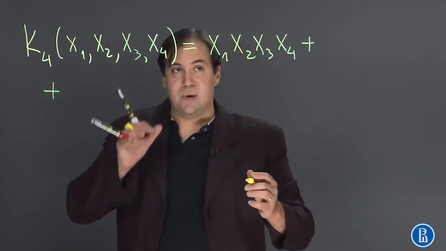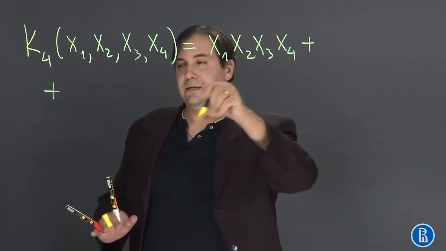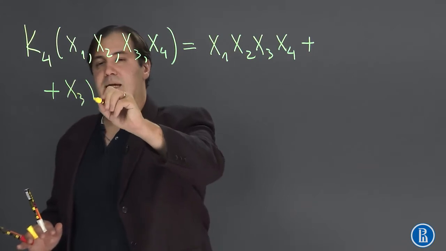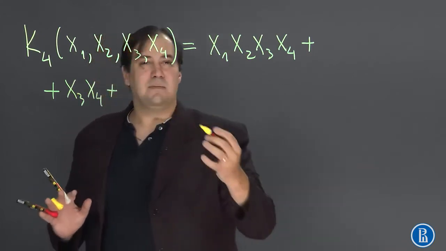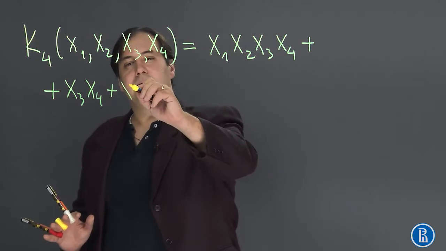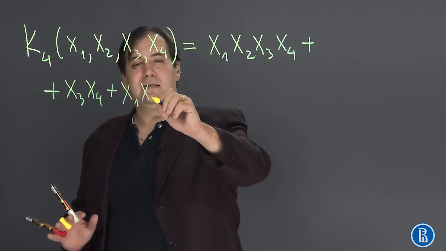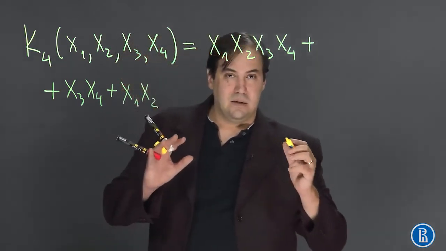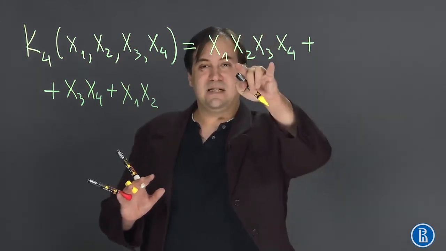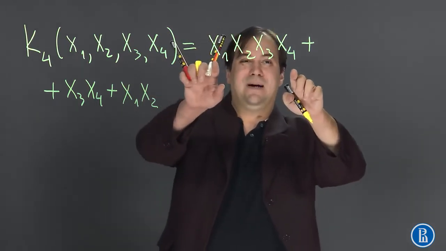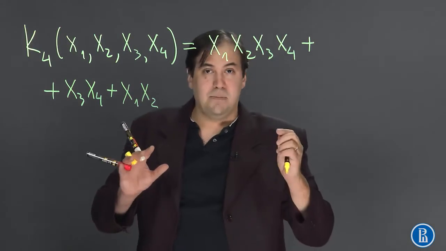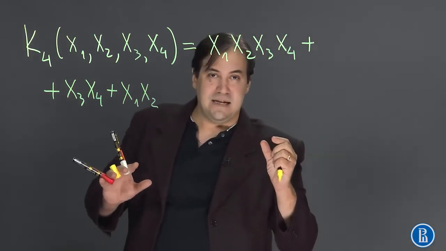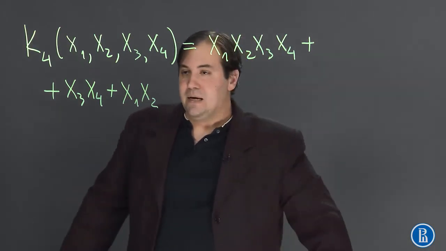So, for instance, if we throw out the first two x's, we'll gain x3, x4, and similarly, we can get x1, x2. But we can never get x2, x3, because we cannot throw out x1 and x4. It is forbidden. The x's in these pairs must be neighbors.